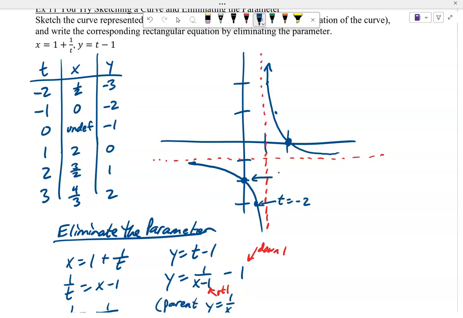This is for t being -1. So I want my orientation of this thing going like that, right? And then when t is 1, I'm right here. T is 1, t is 2, and so on. So I'm going this way, my orientation on that one. Okay.